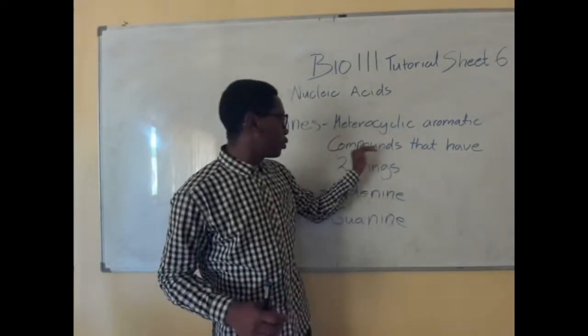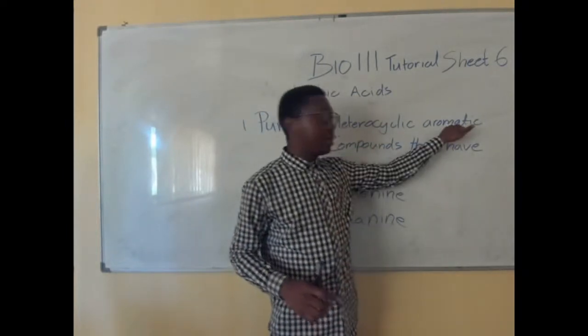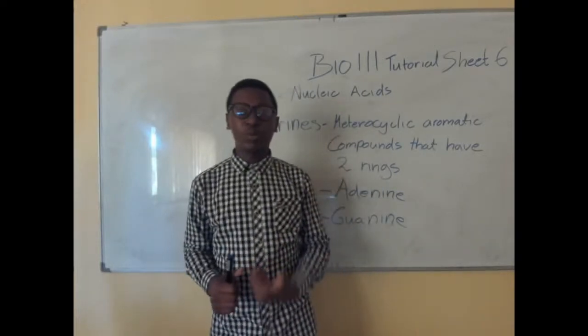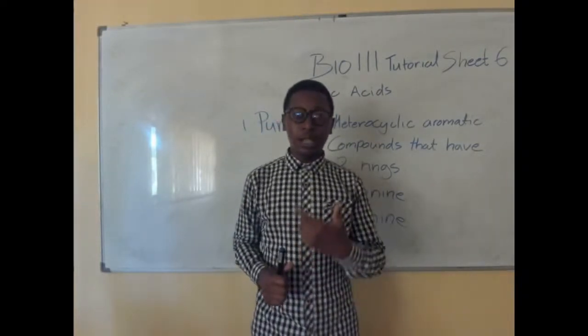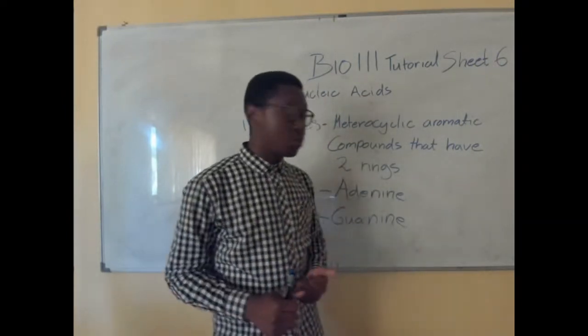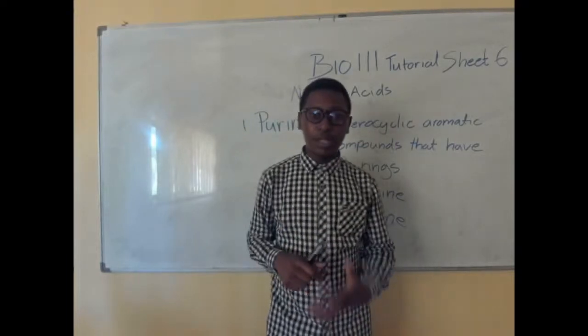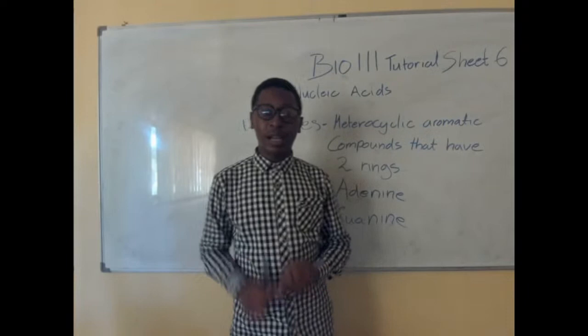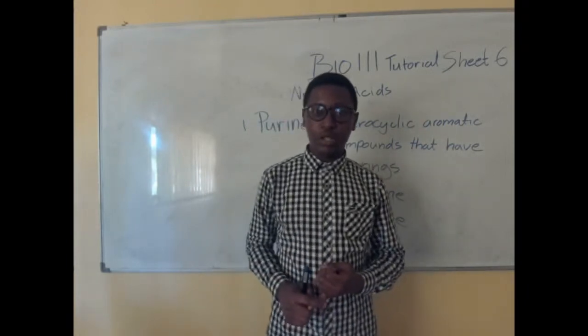Then for something to be referred to as aromatic, the backbone of this structure has to have at least 2 different elements. So for purines, the 2 different elements that make up the backbone of each structure are carbon and nitrogen.